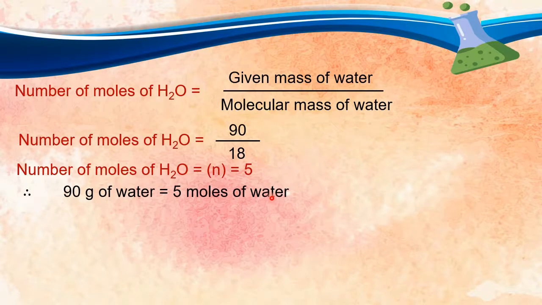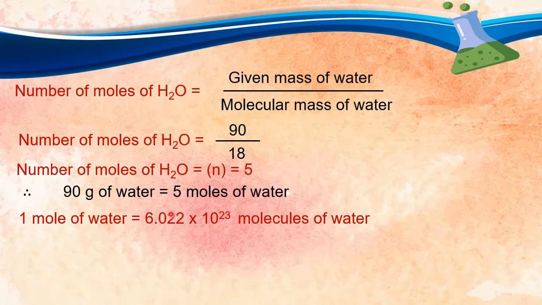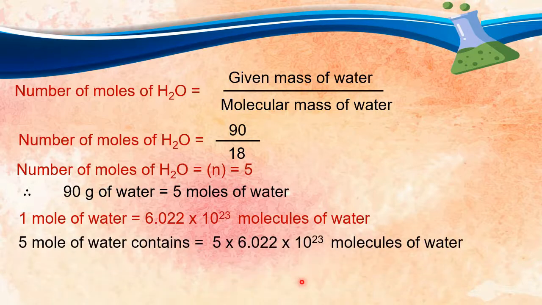Now, we know that 1 mole of water is equal to 6.022 into 10 raised to 23 molecules of water. Therefore, 5 moles of water contains 5 into 6.022 into 10 raised to 23 molecules of water.